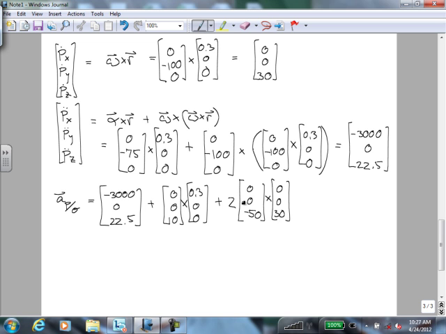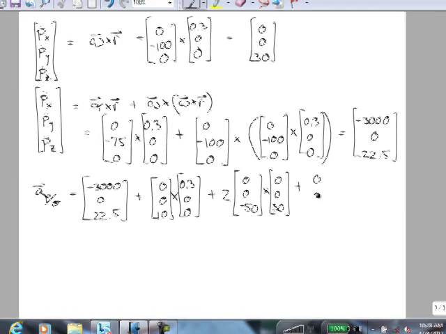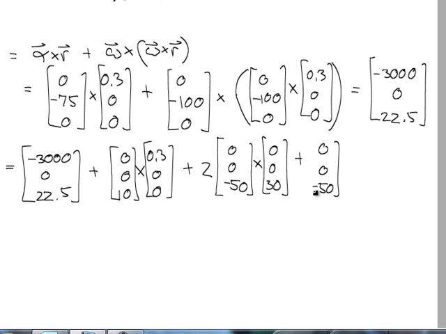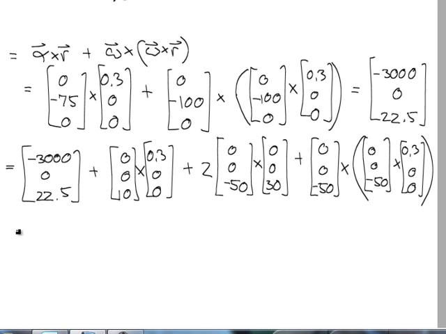And then the last thing is omega, 0, 0, negative 50, crossed with the quantity 0, 0, negative 50, cross 0, 300, 0. Calculate all this, and I think you get negative 3750, 0, 22.5. You get something else?